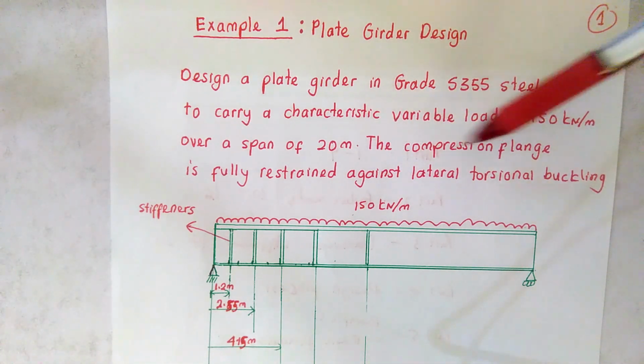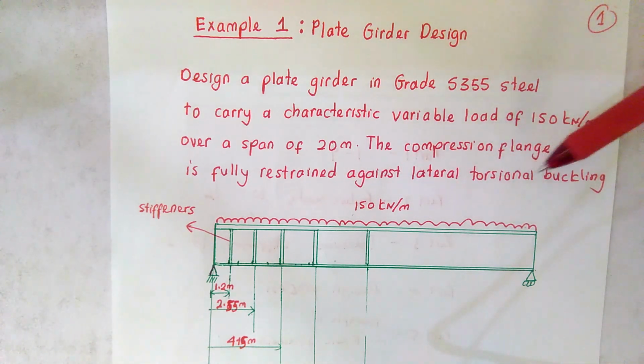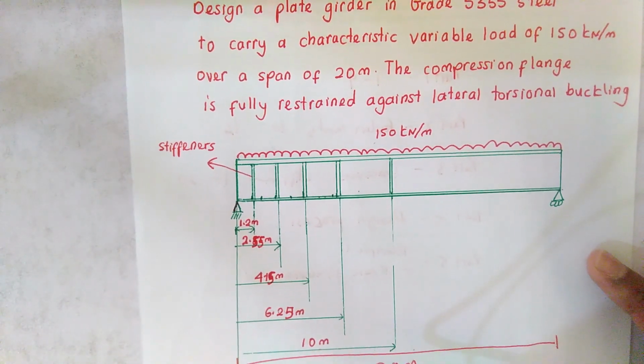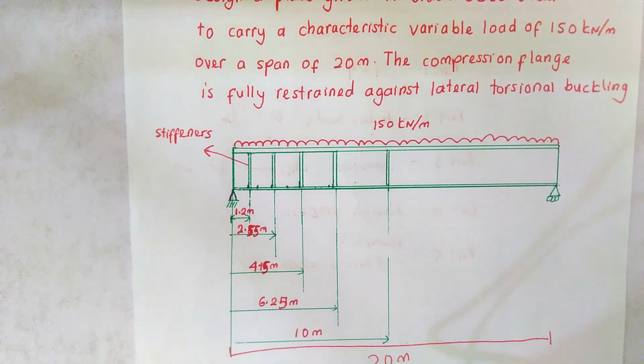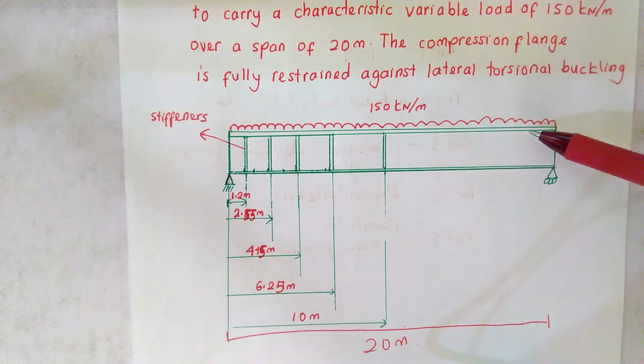The compression flange is fully restrained against lateral torsional buckling. If you can see here, this is the figure of the plate girder. The plate girder has a 20-meter length and supports a 150 kilonewton per meter load.